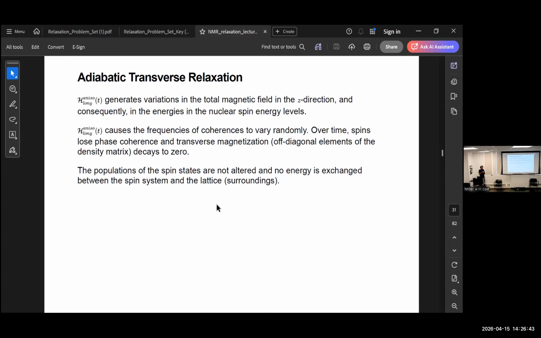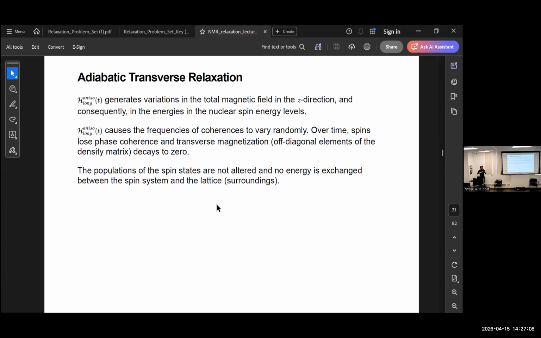This causes individual spins within the sample to eventually lose phase coherence relative to each other, because they all sample random fluctuations in the energy spacing. Does this make sense? So you start off with complete phase coherence after a 90-degree pulse. The 90-degree pulse knocks the magnetization from Boltzmann equilibrium into the transverse plane, and that is a phase coherence.